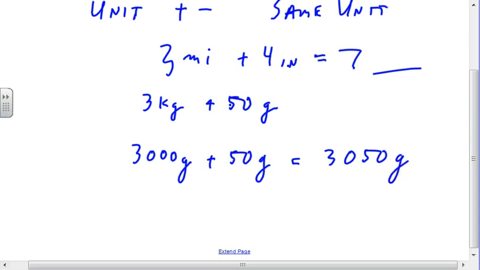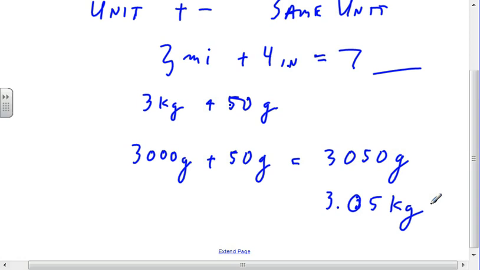Now I could have thought about it and done it in my head, not necessarily wrote it down, but I'm going to have to end up with the same units, 3.05 kilograms.